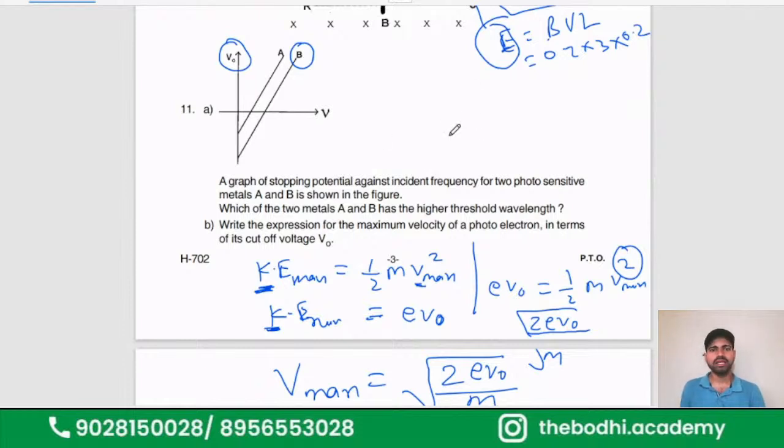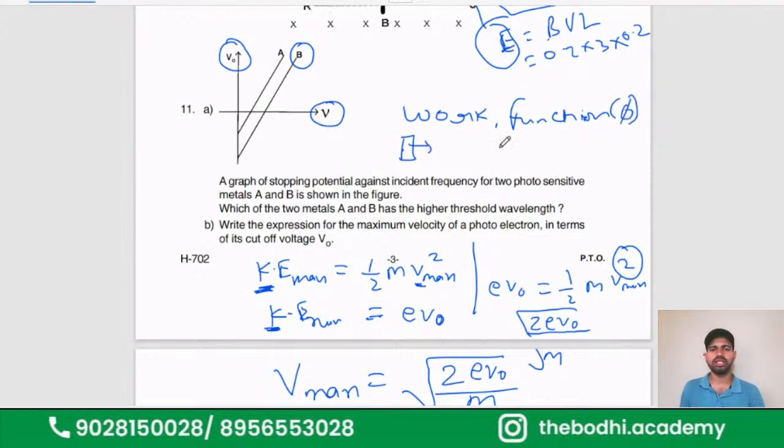See, let's understand this way. This is the symbol for frequency, right? Frequency and wavelength are related inversely. And there is something called work function. This is from which chapter? Photoelectric effect, dual nature. So what is work function basically? Work function is the minimum amount of energy we need to bring an electron out of a photosensitive metal plate. That is called work function, represented by phi.